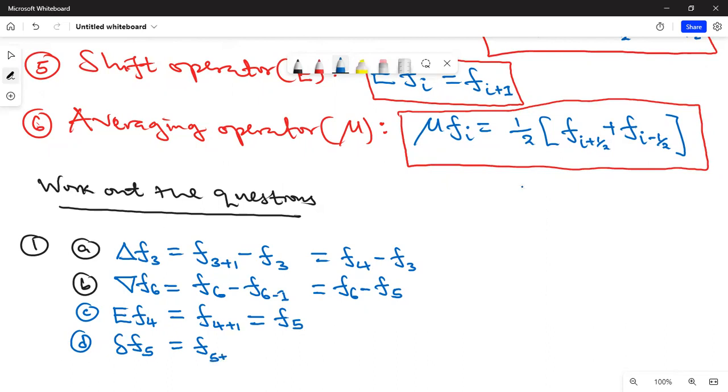So 5 plus 1 over 2, then minus F of 5 minus 1 over 2, which you can write as F of 5 plus 1 over 2, that is 5.5, which is the same as 11 over 2, then minus F. Now this will be 4.5, which is 9 over 2.